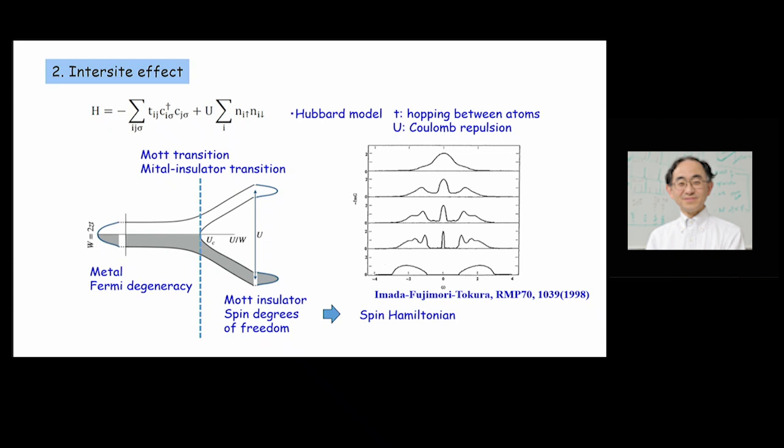This corresponds to the metal to insulator transition, which many people call MIT, or the Mott transition. Here is a theoretical treatment of this Mott transition as you increase your U.